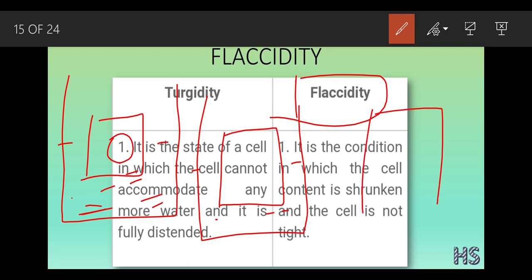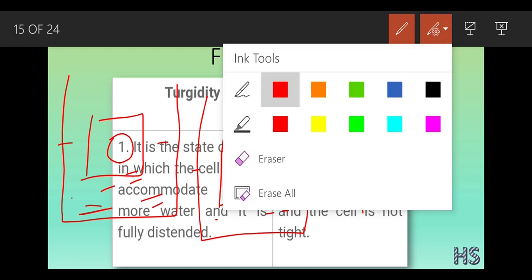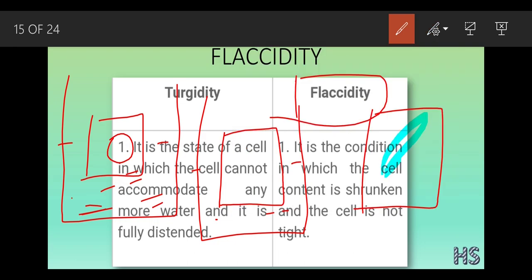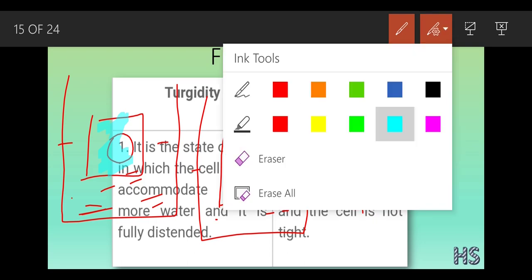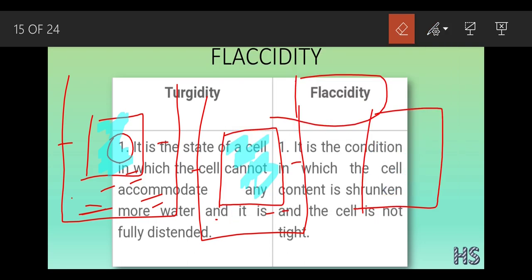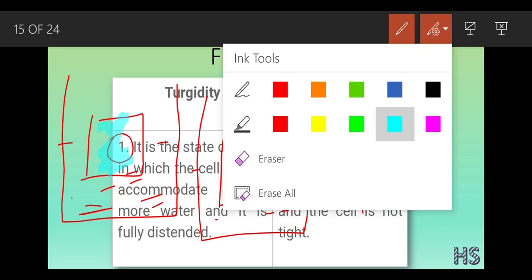The cell will start to lose water from the cytoplasm region also. This was water, this was water, and what happens in this condition?